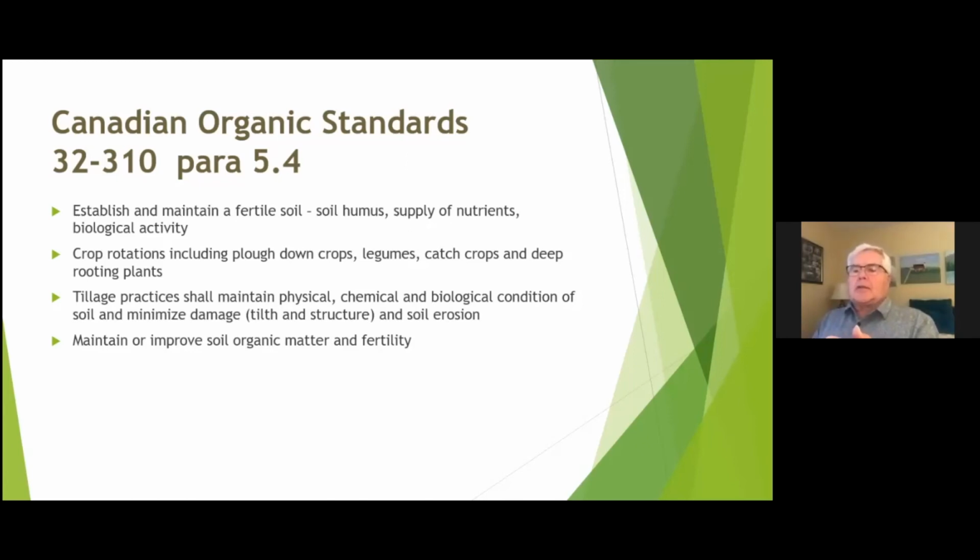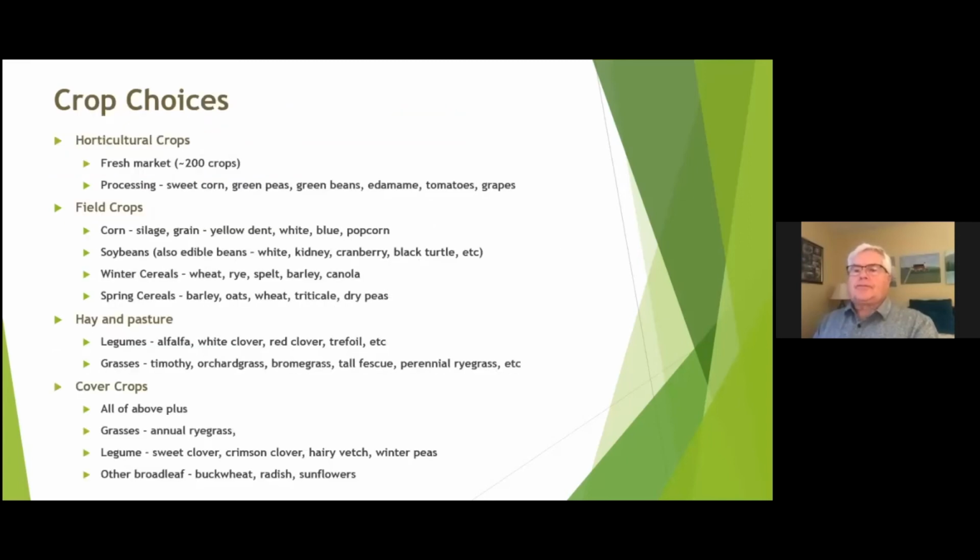And tillage practices shall maintain physical, chemical, and biological condition of the soil and minimize damage to tilth and structure and soil erosion, and to maintain and improve soil organic matter and fertility. So these are all things that are listed in the standards, and we certainly require farmers to practice a lot of these things as it applies in their field situation.